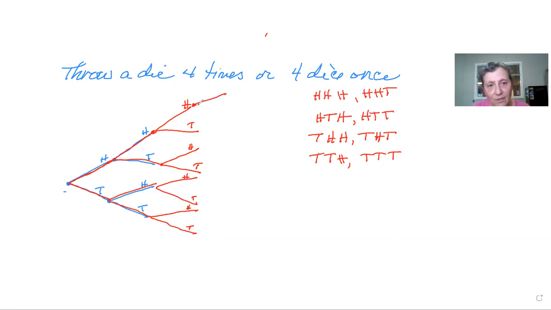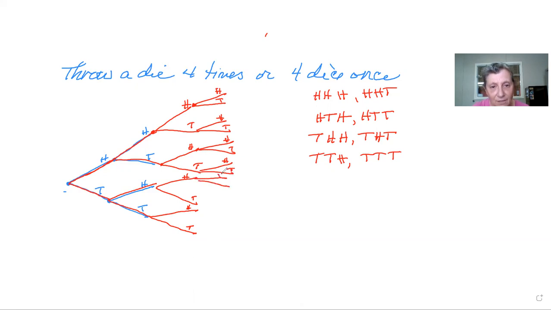And then on the 4th toss, once again, it could be a head or a tail, head or a tail, head or a tail, head or a tail.